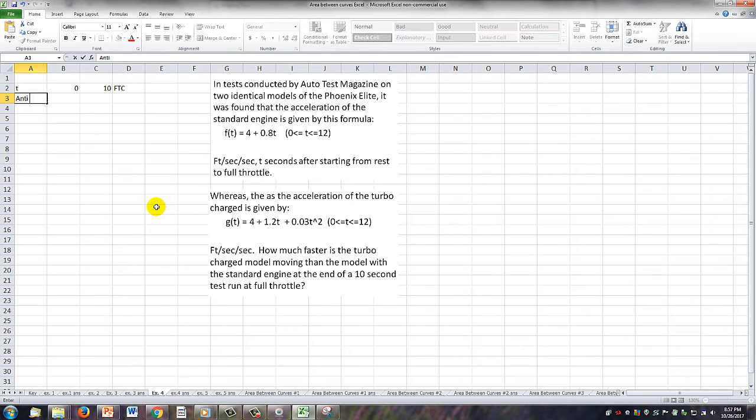We're going to find anti-f of t, which is velocity, and that is 4 times t plus 0.8 times t squared divided by 2. And then the area under the curve would be the upper limit minus the lower limit.